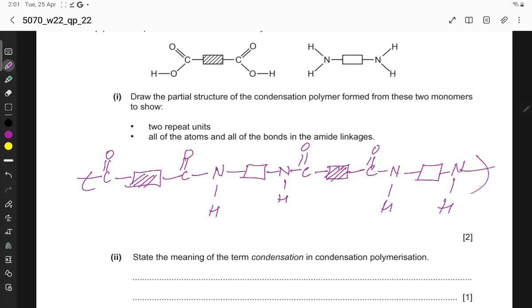So this is a continuous bond, this is a continuous bond, and this is the repeat linkage. This is the amide linkage.